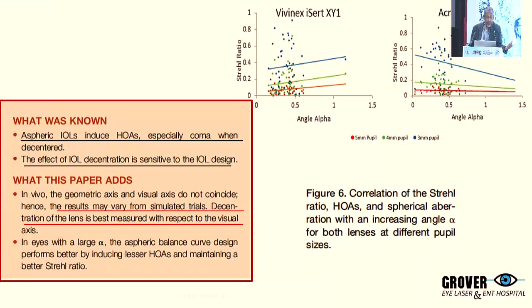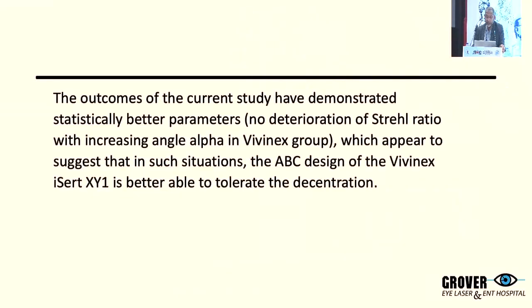So decentration of the lens is best measured with respect to the visual axis. All of us know that all ablation procedures or optical devices should be centered onto the vertex of the cornea. And in eyes with a large angle alpha, the aspheric balance curve design performs better by inducing lesser higher order aberration and maintaining a better Strehl ratio.